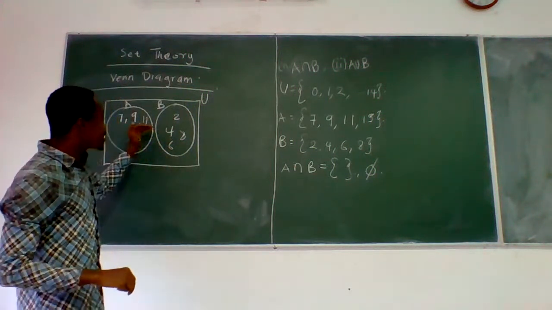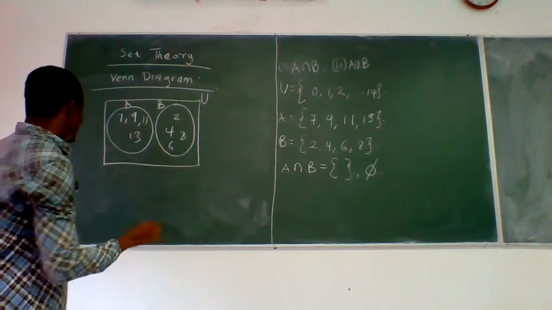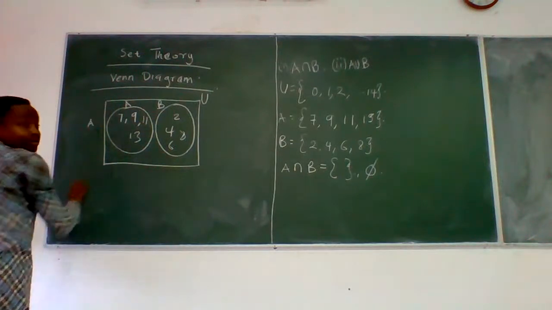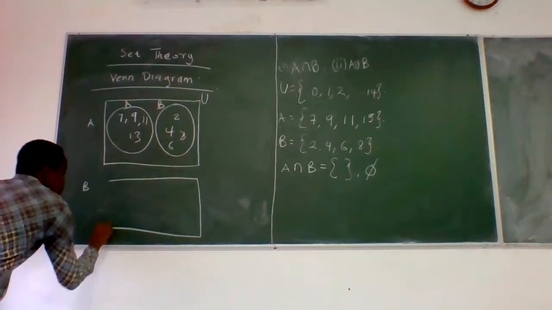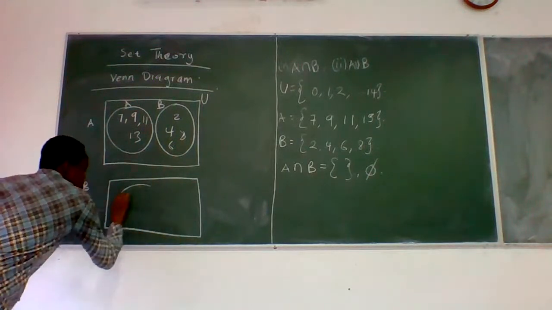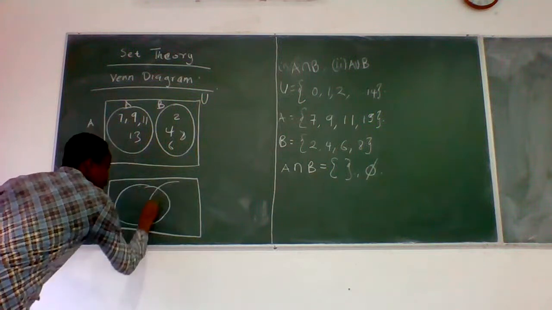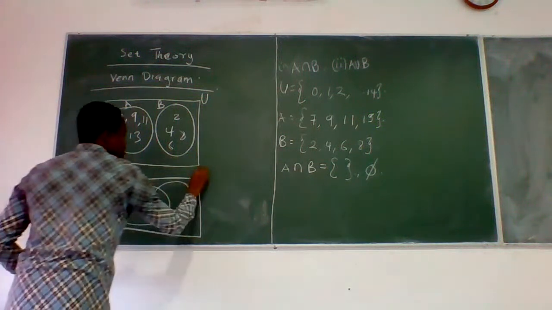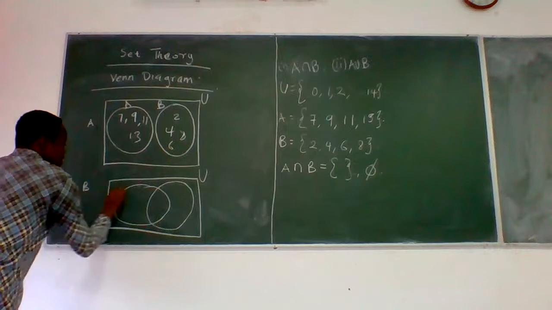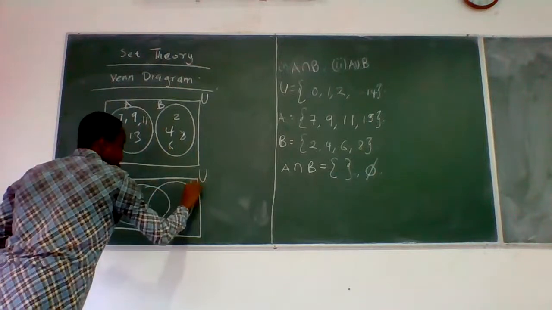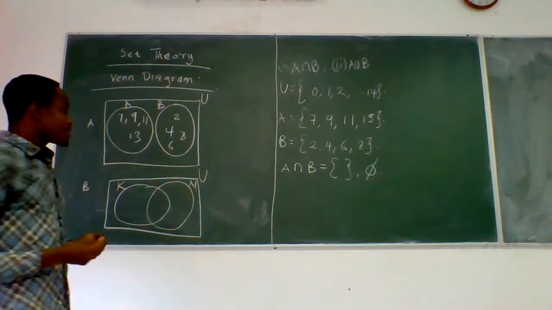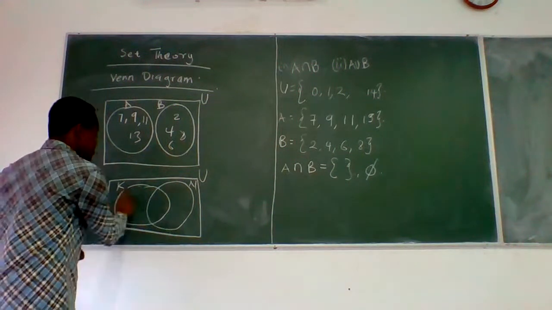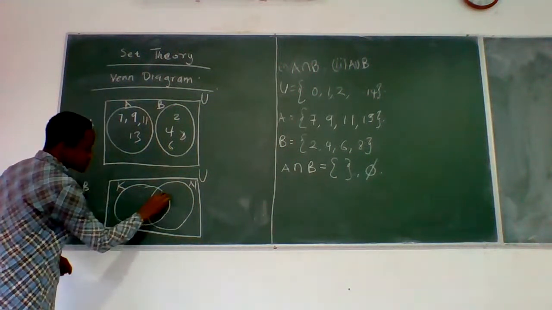But when you have an element which is common between them, let's say this is A, this is B, then you have these two sets. This is U, let's say this is our K, this is our N. When you have an element common to the two sets, then we have this section.